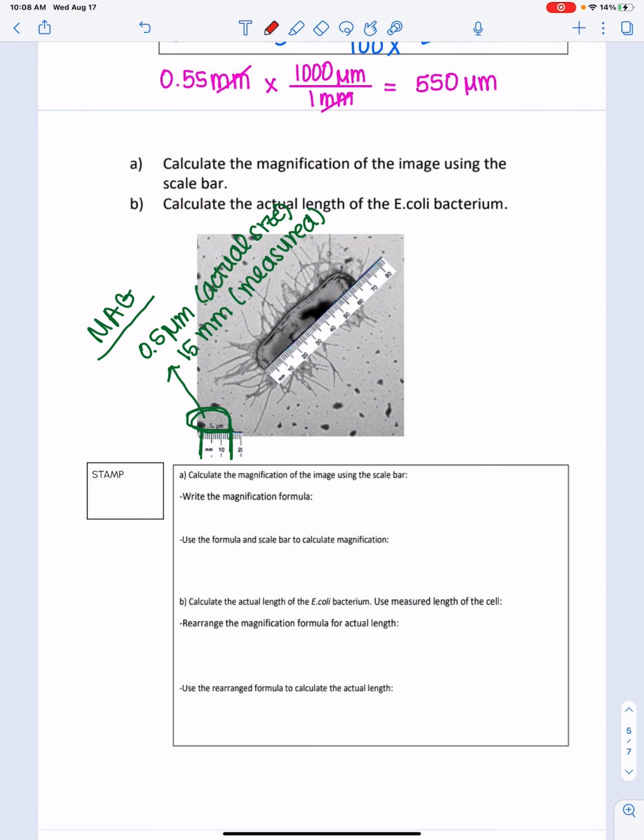And then to figure out the actual size of the cell, we're going to use this ruler right here. So it looks like it's going to be 65 millimeters for the measured in part 2, finding actual size.